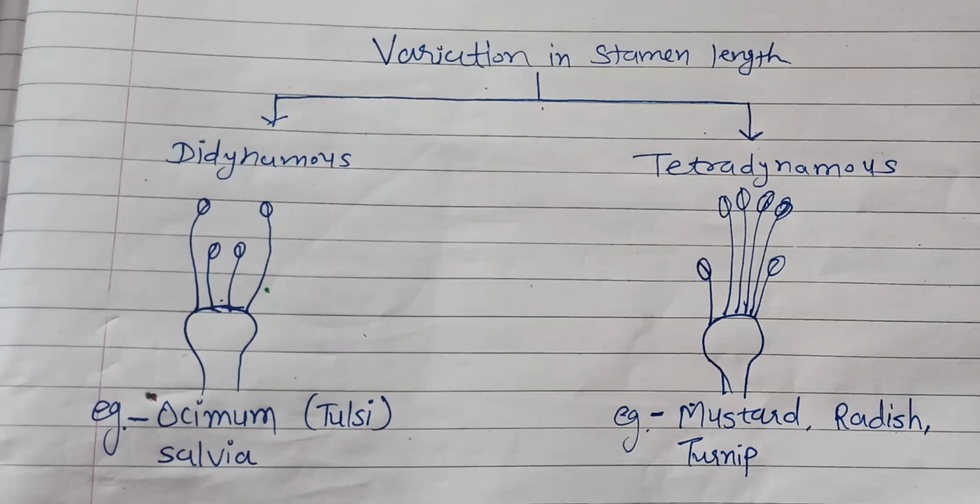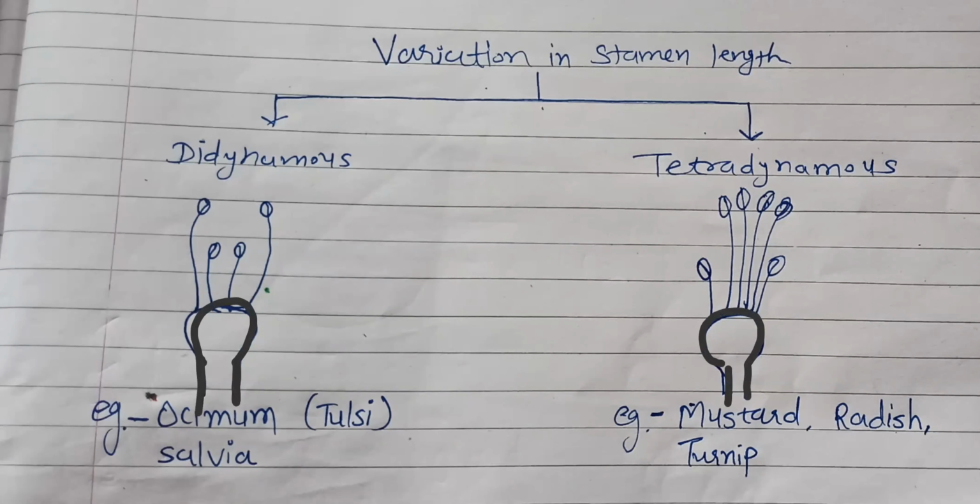Now the next point in that stamen part, that is variation in the length of stamen. In the diagram, you can see this. This is the stalk of the flower, the pedicel, and here the thalamus, the swollen part of the pedicel, on which the stamens are arranged.